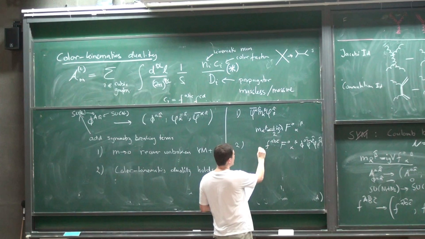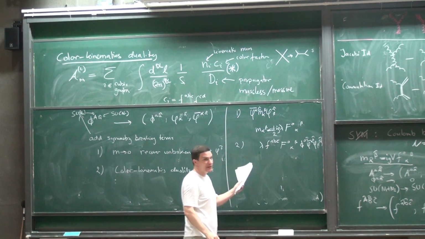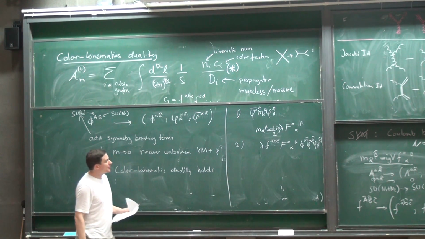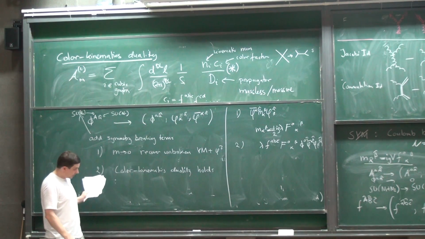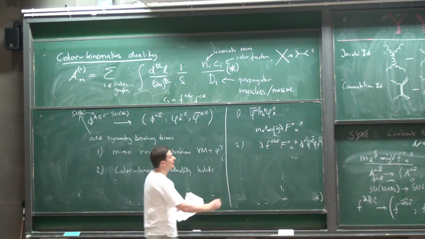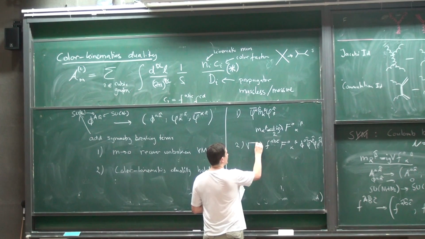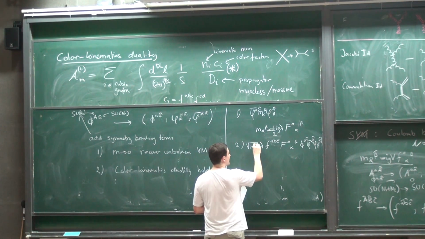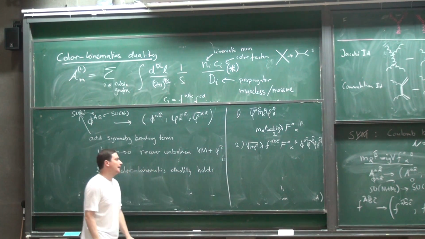First of all, we know it has to be dimensional, so let's put lambda here. But then it could be a numerical coefficient. It turns out that the correct numerical coefficient that you can determine using color-kinematics duality is the square root of 1 plus rho squared. So that's what you need.